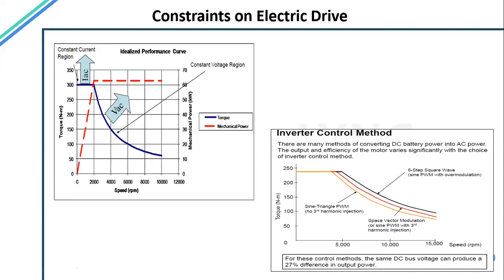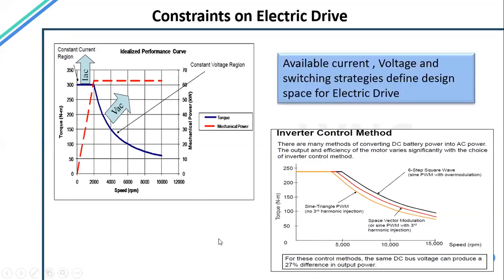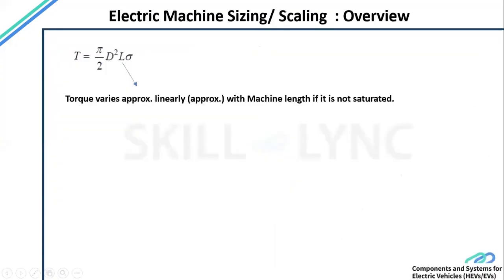So we should have know-how of what the inverter team is doing, what the inverter people are trying to do, what kind of harmonics they are introducing, and what kind of efficiencies they are talking about. The available battery and the switching strategy is what forms the design space for the electric drive most of the time.